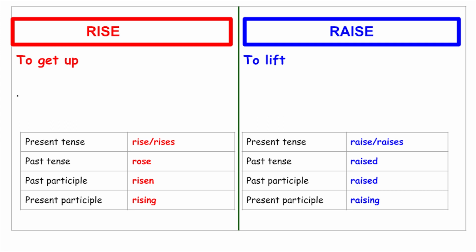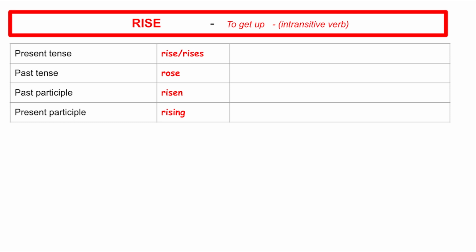Here are some examples in sentences using the verb forms of rise. Remember, rise means to get up. It is an intransitive verb, which means it does not need an object to complete its meaning. Using the present tense form of the verb, I rise early this morning.